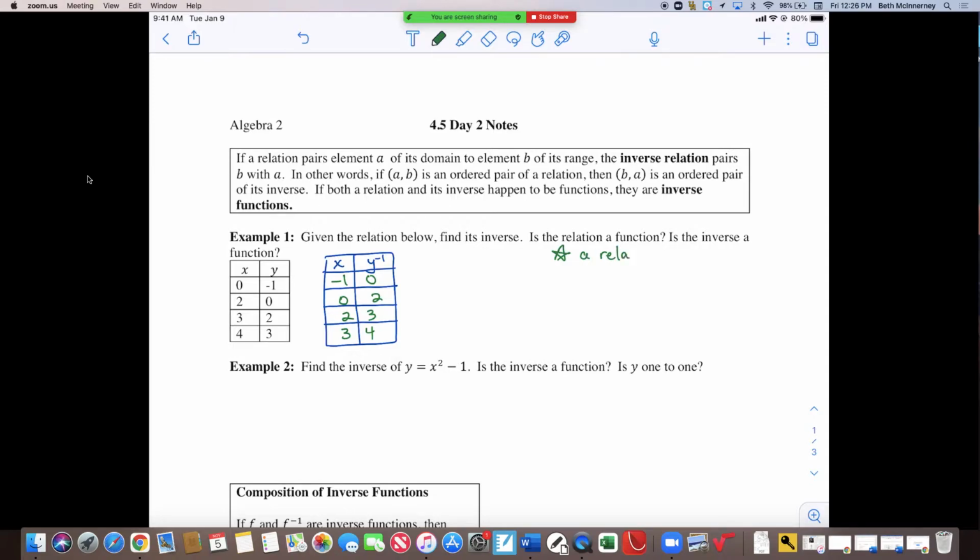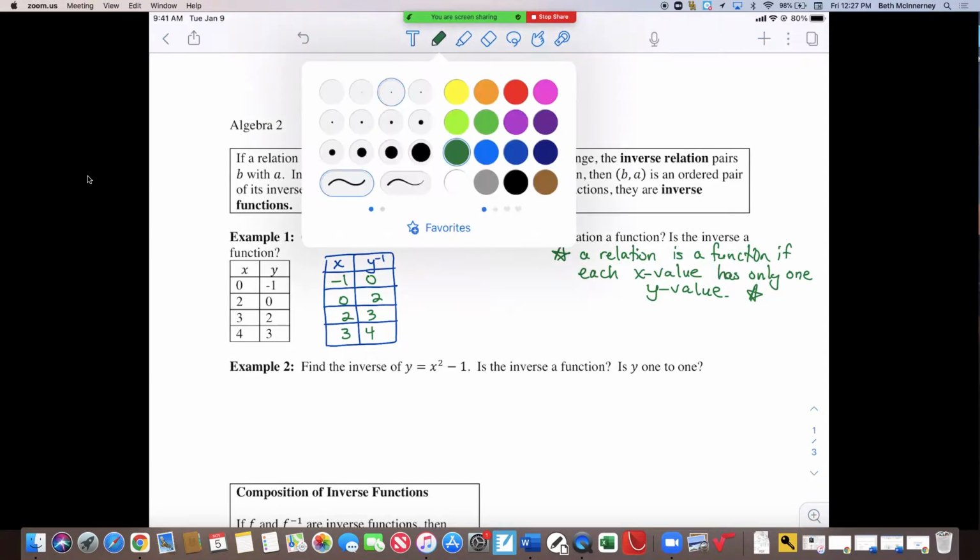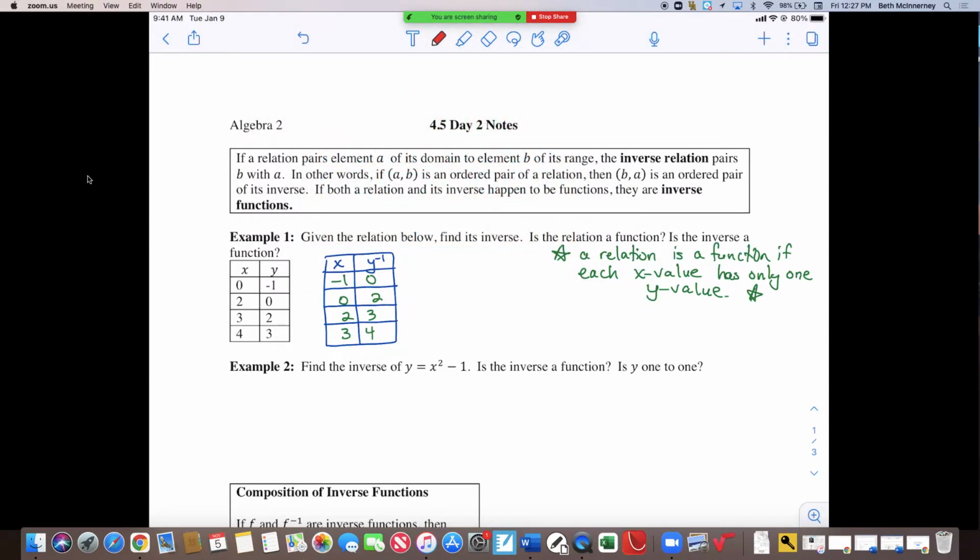A relation is a function if each x value has only one y value. So write that down. This is how we know. A relation is a function if each x value has only one y value.